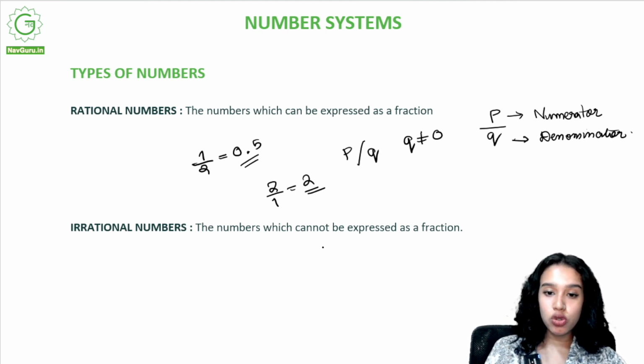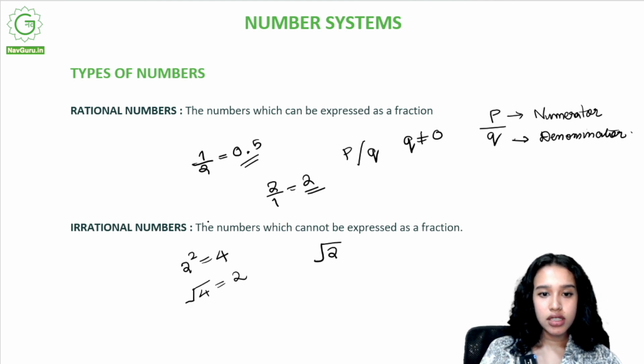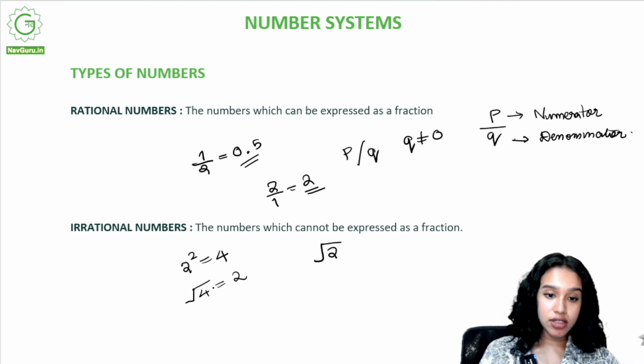So let's say root 2. To elaborate, I could say that 2 squared equals 4 and root of 4 equals 2. This is the relation between square and square root, which we will come to later.